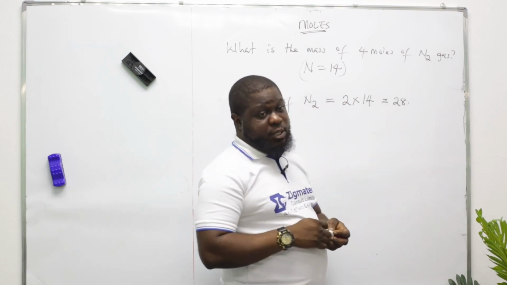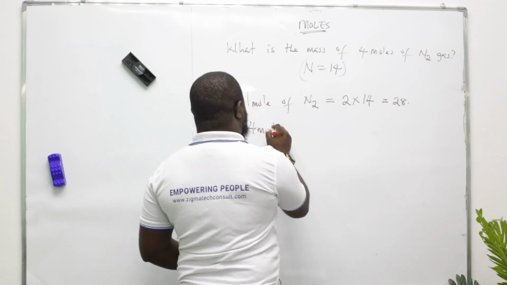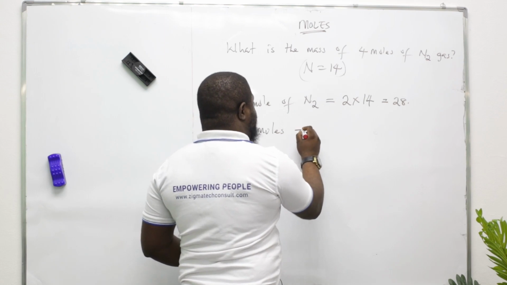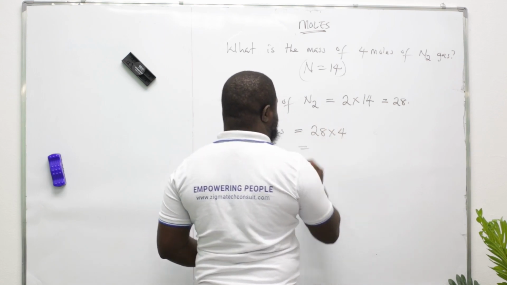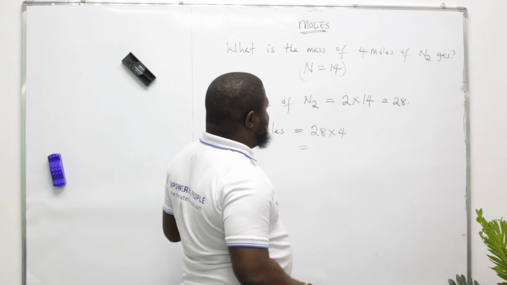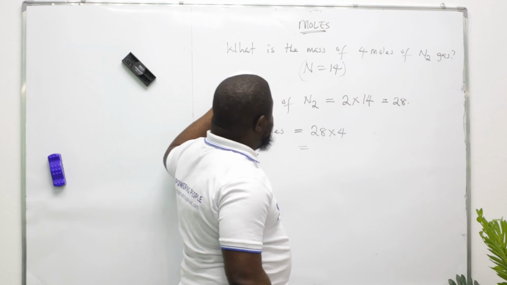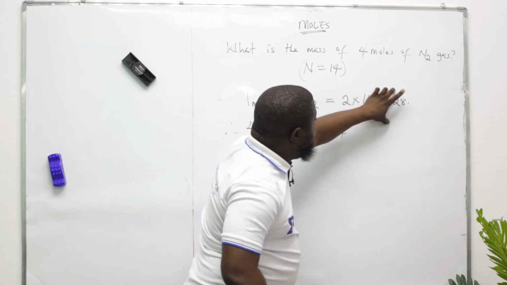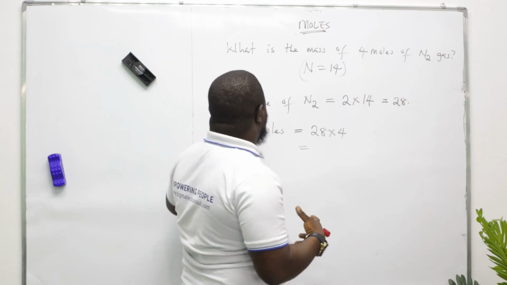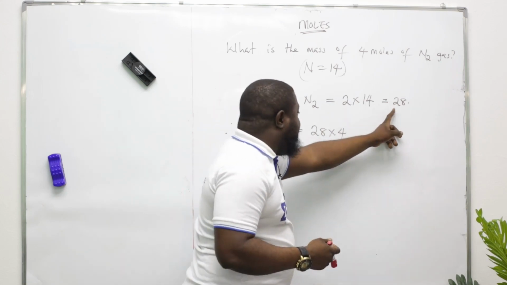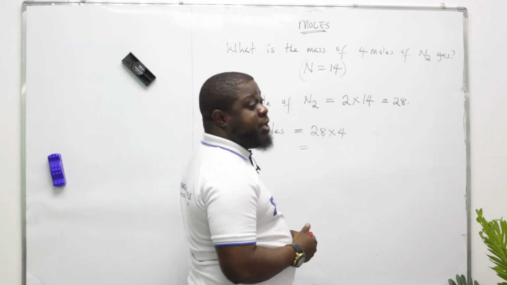Then 4 moles will be equal to 28 times 4. Remember, you've gotten 1 mole, it's 28. So in that context, 4 moles will be 1 mole times 4.